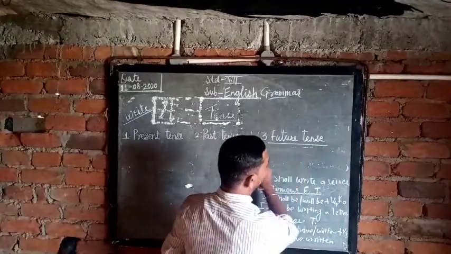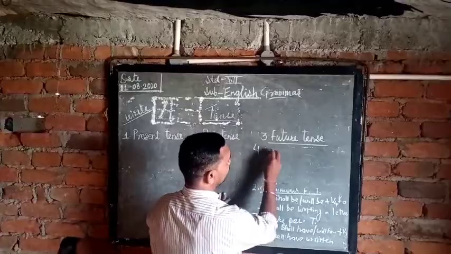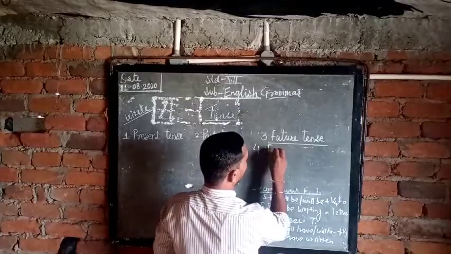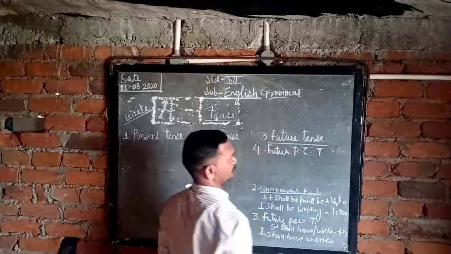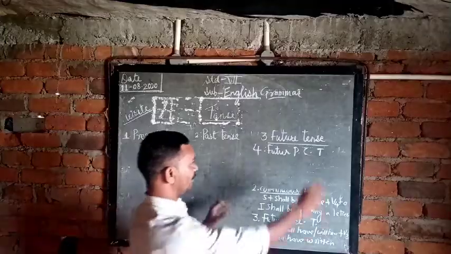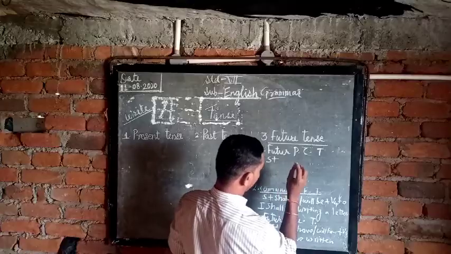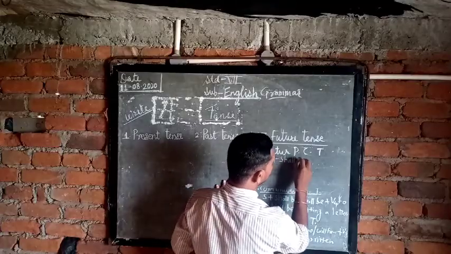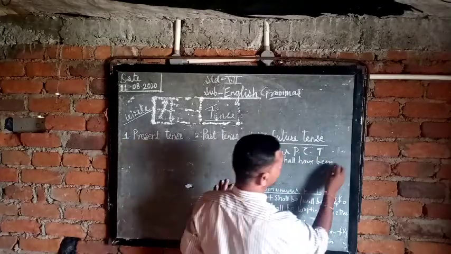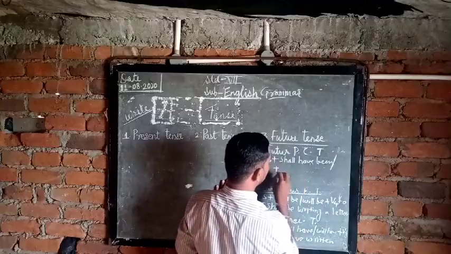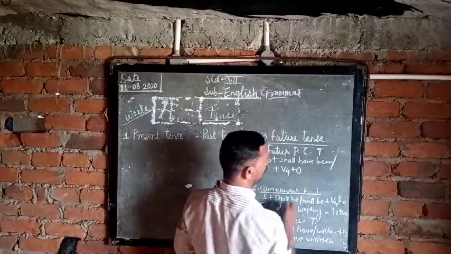Now the last subtype of the future tense is future perfect continuous tense. The formula is subject plus shall have been, will have been, plus V4, V-ing, plus object.